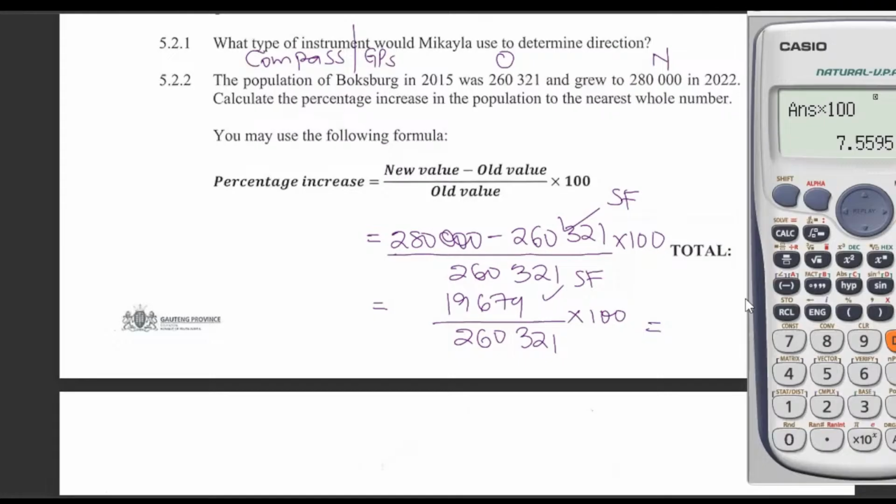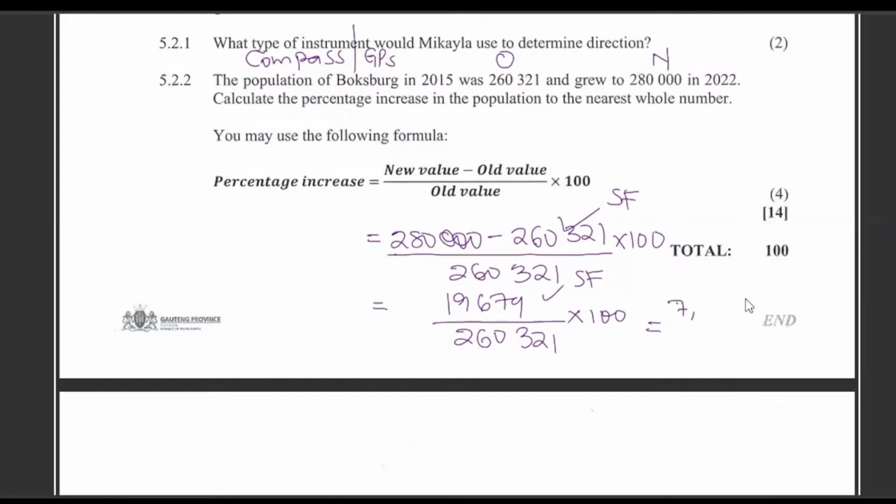So you have your answer as 7.56. But take note, they said to the nearest whole number. Calculate the percentage to the nearest whole number. That means you're going to round off. So you end up having 8, the final answer. That's how we got the answer.